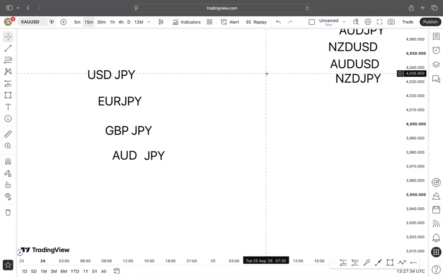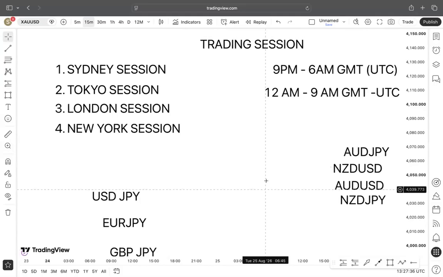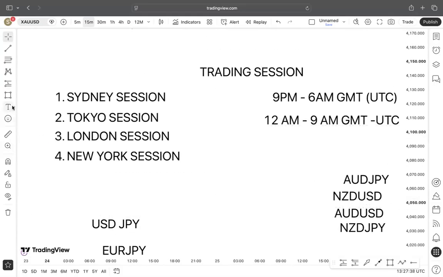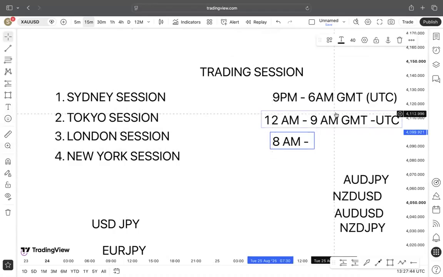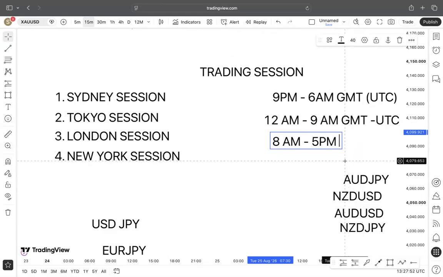It operates from 8 a.m. to 5 p.m., like I said, GMT, UTC. And it overlaps the Tokyo session for 1 hour.